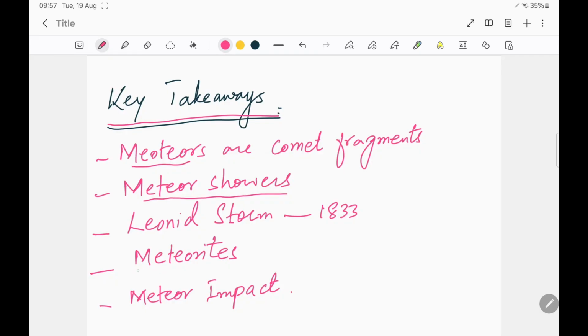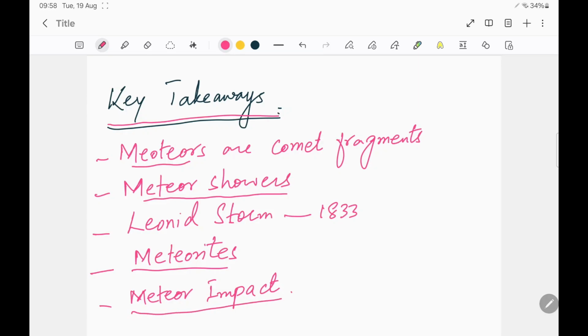And as far as meteorites are concerned, they are very rare. That means the meteors that hit the ground or Earth are very rare, but they are of great importance to the scientists and astronomers, because they add to the knowledge of human beings about the Earth's atmosphere, the solar system, and the space around us. And finally, the meteor impact.